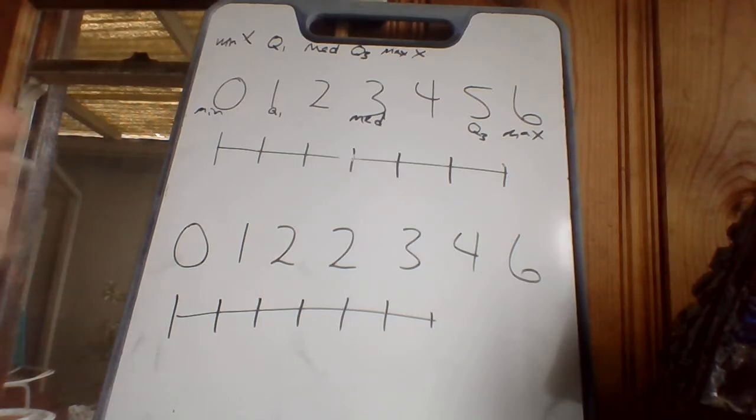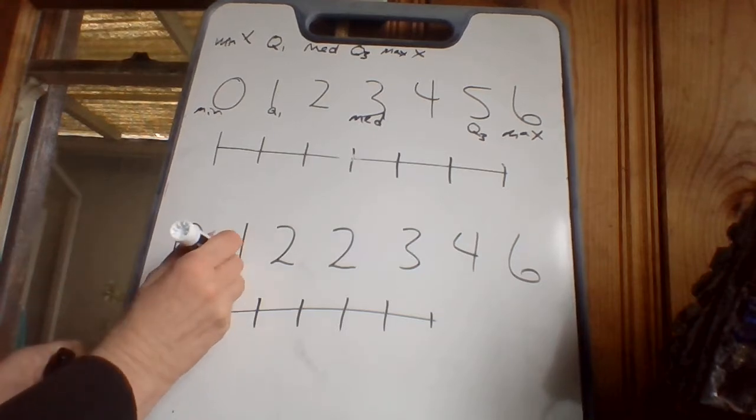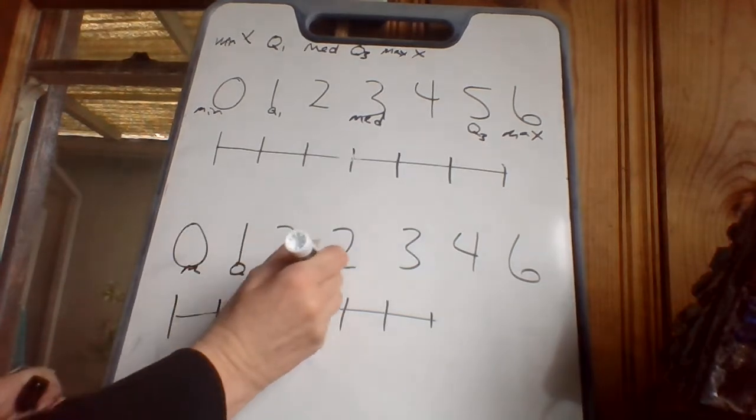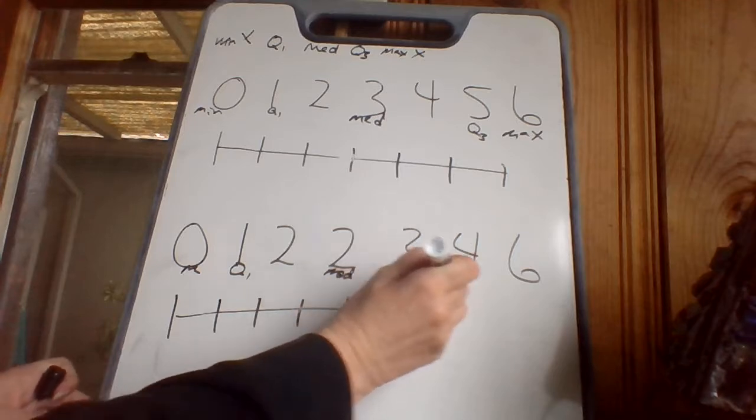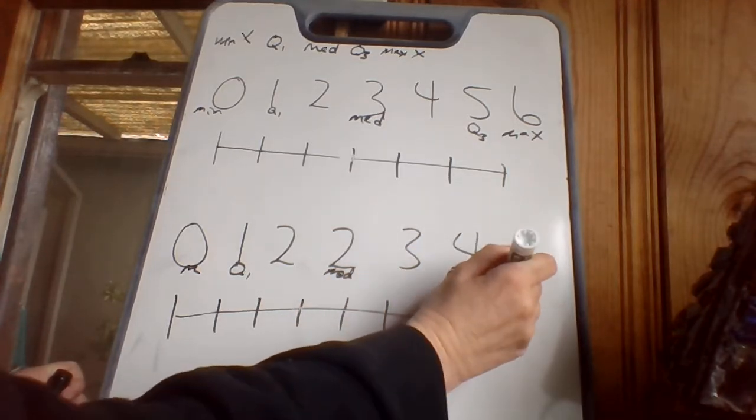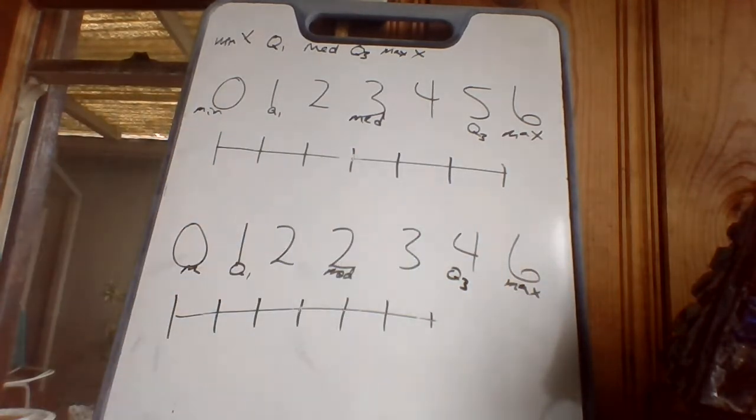But for now, in each one of these, we're going to call this the minimum, the Q1, the med, the Q3, and the max. So when I want to do a 5-number summary, I'm using those numbers. If you want to use the numbers off your calculator, that's fine too.